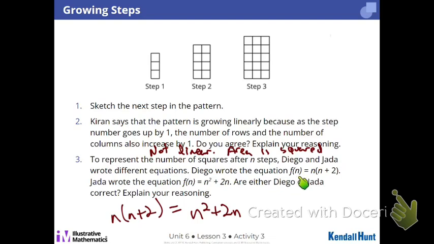Now this other one also makes sense. Did you notice the base is always the number of the step? Yeah. So that's n. The height was always 2 more than the number of the step. That's n plus 2. So base times height is n times n plus 2. So I see that as well. But I'm inclined to look for the square and then get the 2 rows.